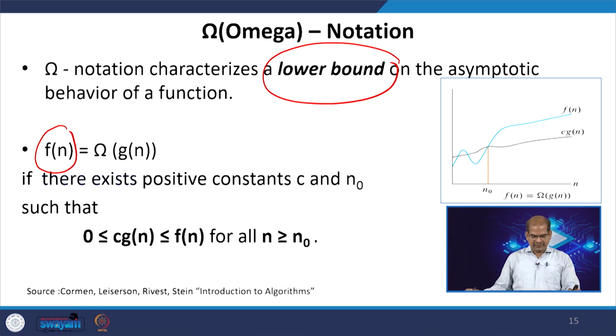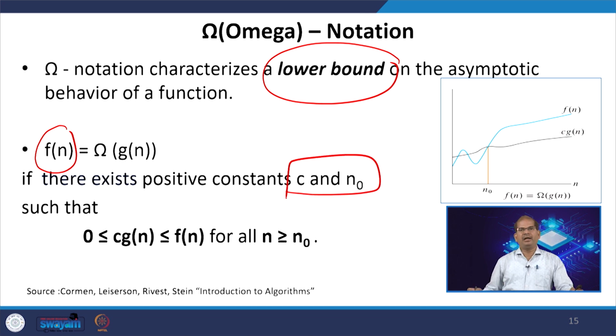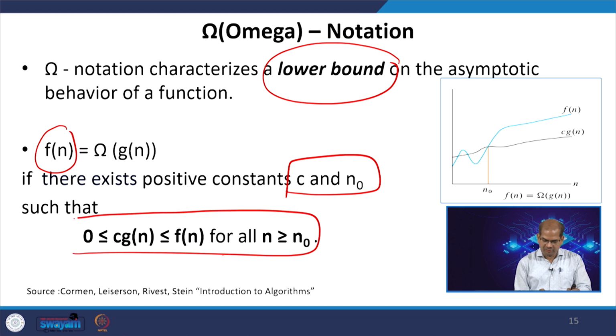I need to find two positive constants c and n naught such that c of g of n is less than or equal to f of n for all n greater than or equal to n naught. So, this inequality should hold good.